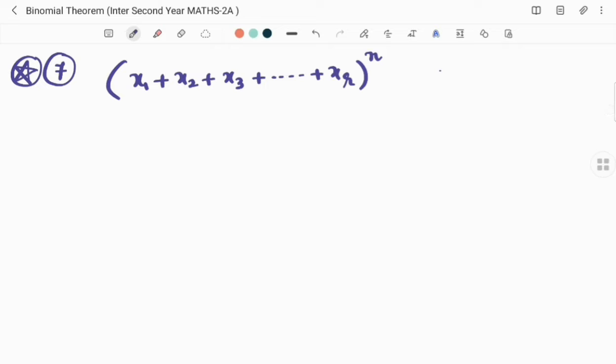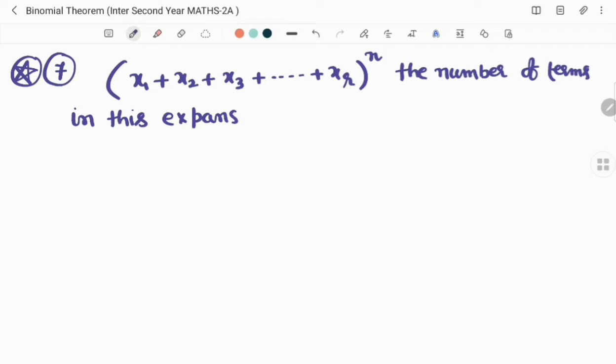In this expansion, the number of terms is n plus r minus 1 C r minus 1.